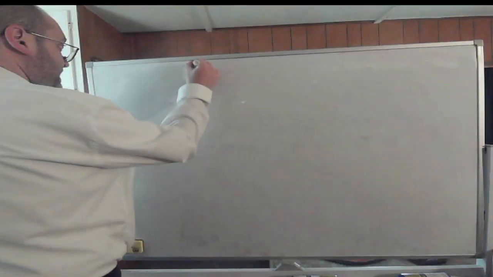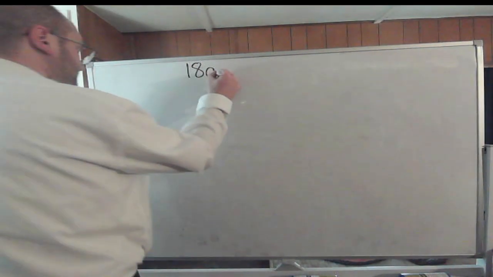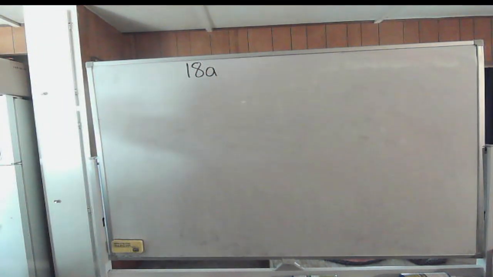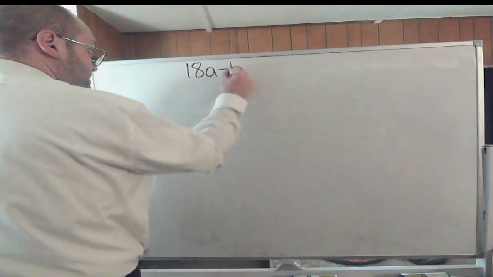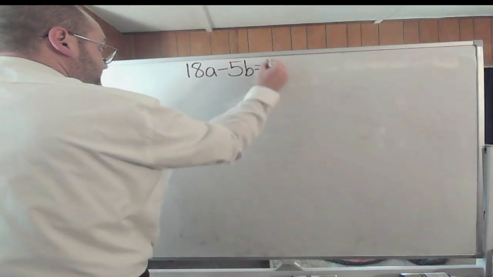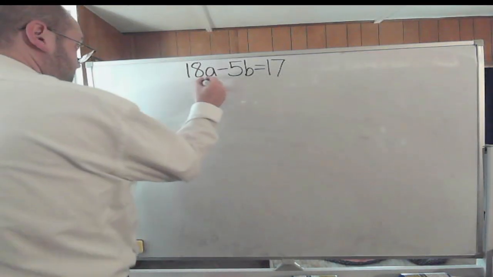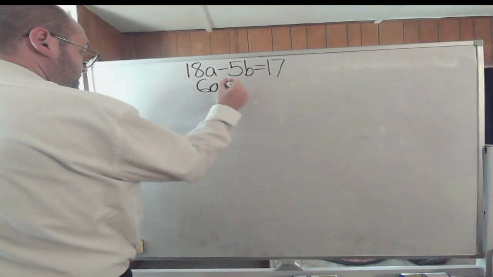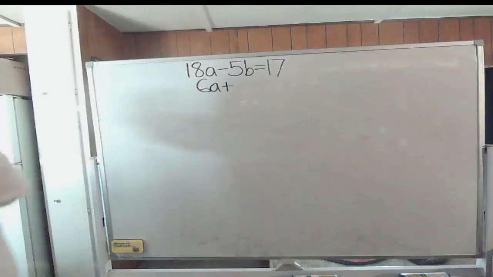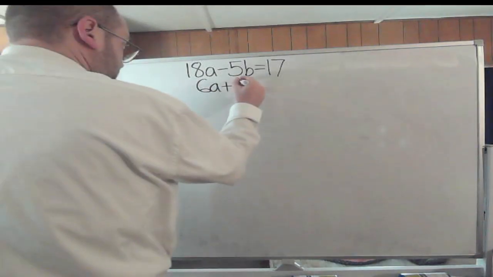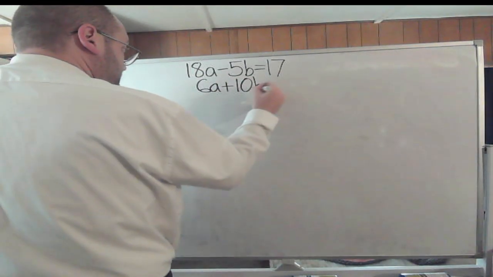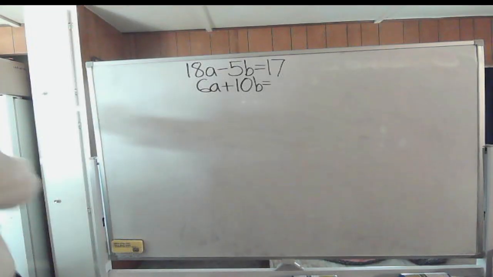Alright, we are down to the final 5. Let's see. 18a minus 5b equals 17. 6a plus 10b equals negative 6.